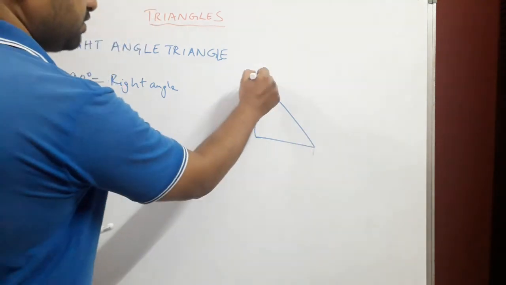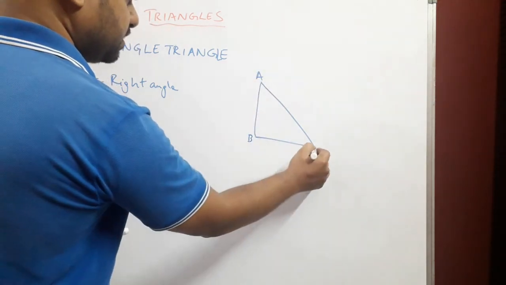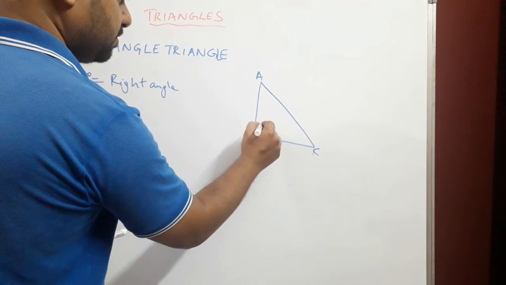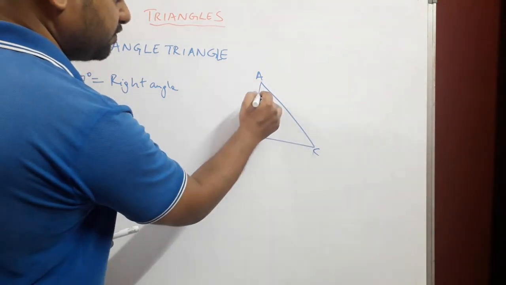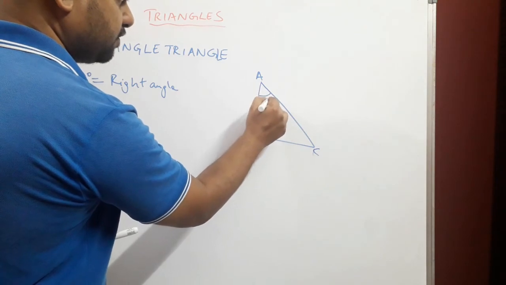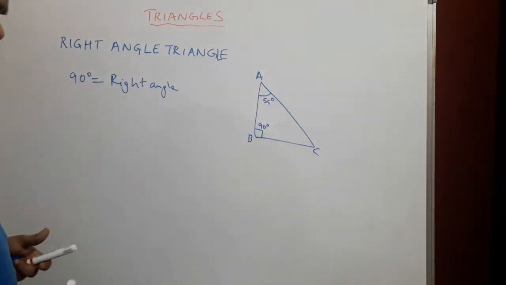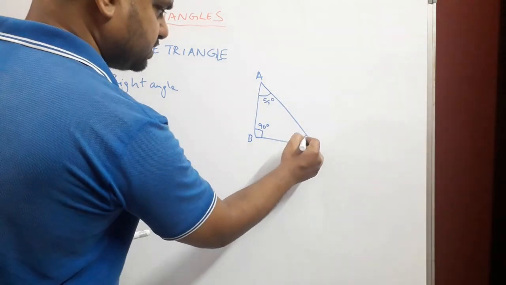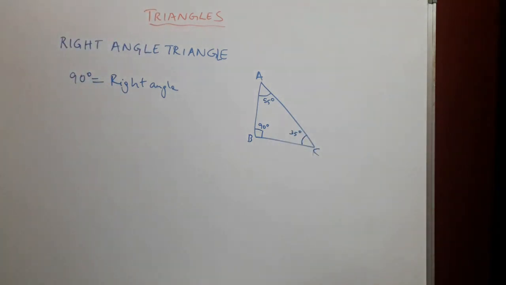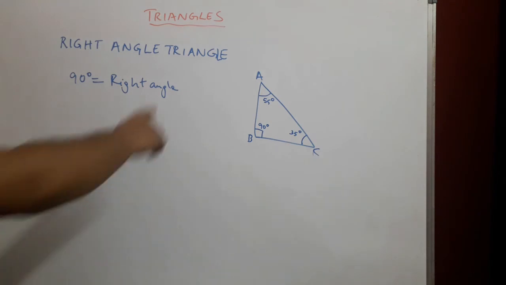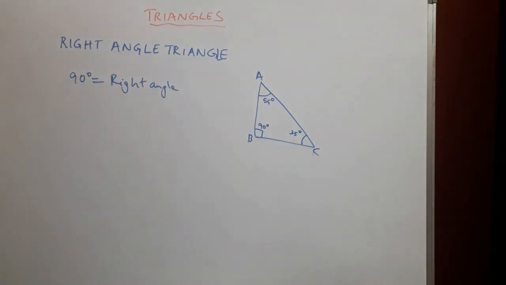Mark this as A, B and C. This will be 90 degrees. The others can be anything, for example this can be 55 degrees and this can be 35 degrees. And the sum of all three will be equal to 180 degrees.